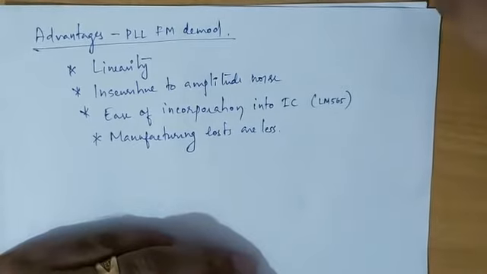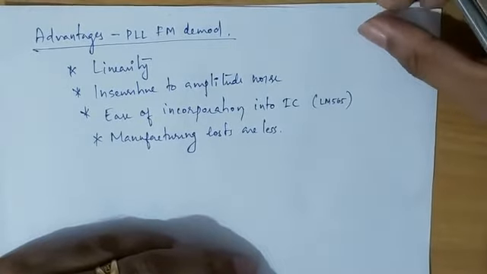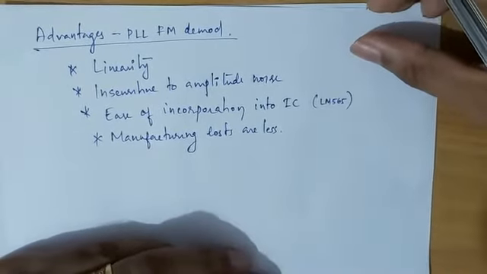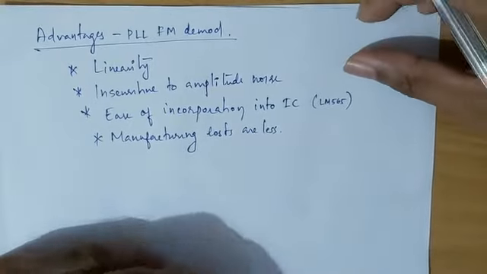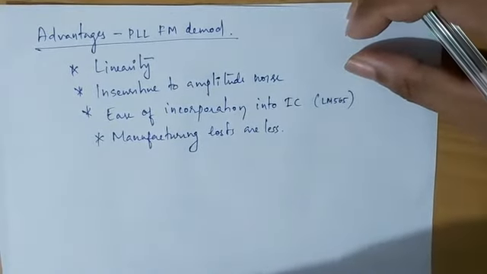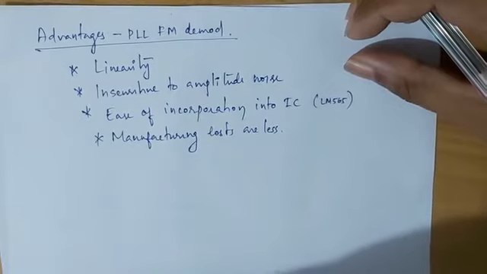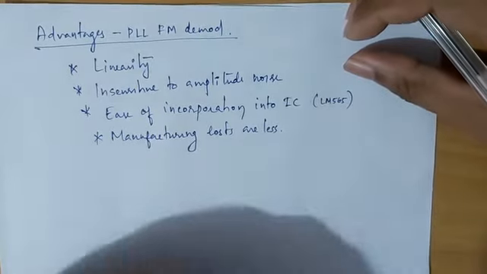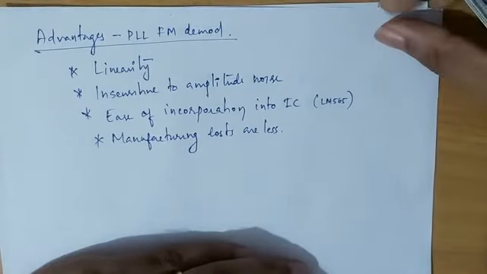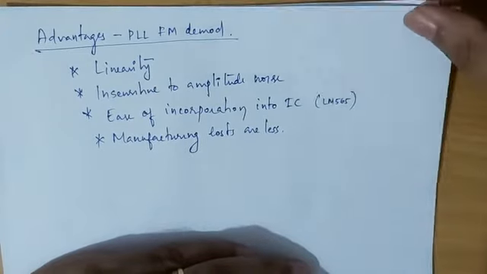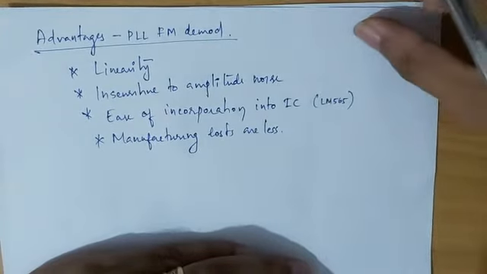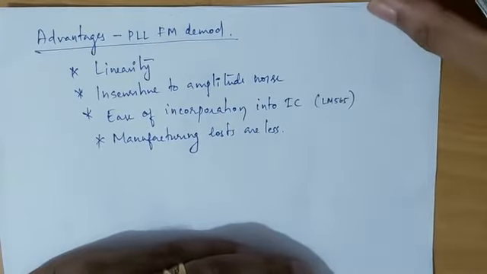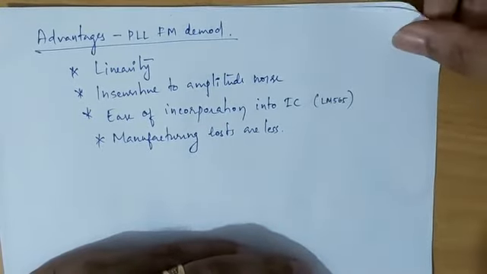The second one is that it is insensitive to amplitude noise, as it focuses completely on frequency variations, not amplitude. We don't need to put in amplitude limiters to avoid noise here, so it is highly insensitive to amplitude noise.